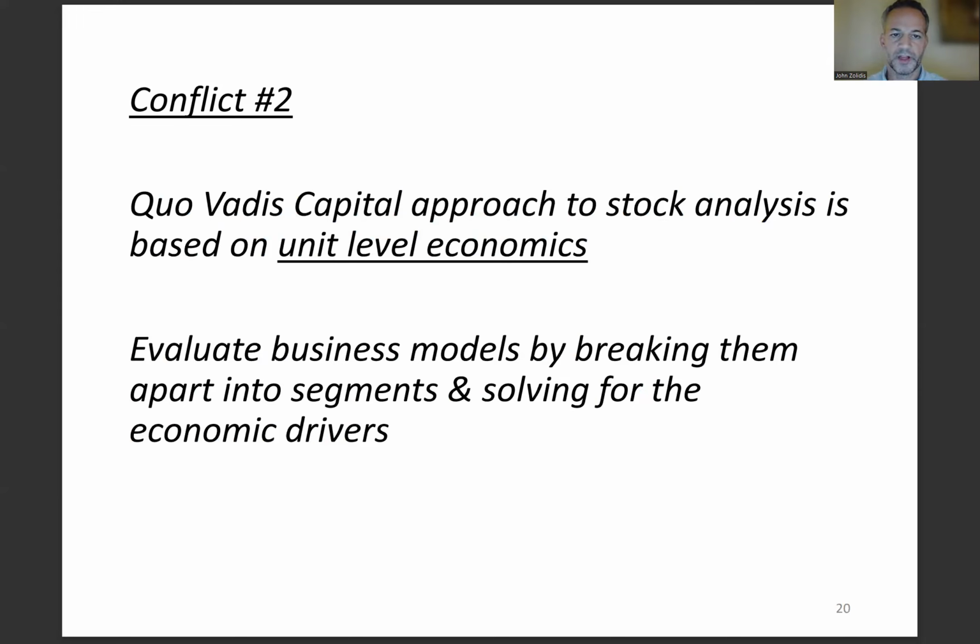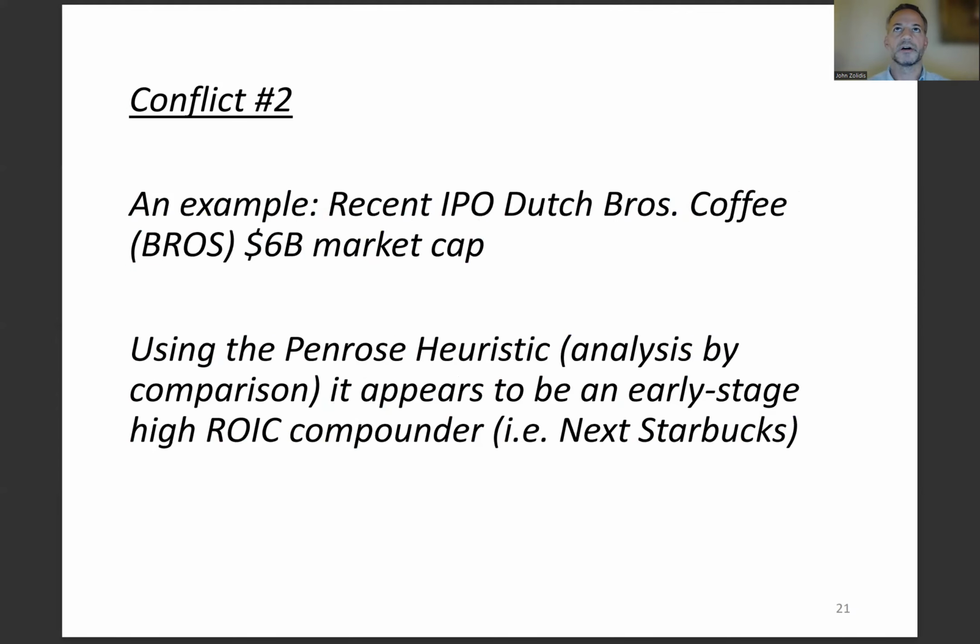Our approach that we developed at Covatus Capital is to look at businesses from a unit level economic perspective. We talked about that a little bit in the first conflict, but essentially we try to find the real economic drivers, and in so doing, we avoid comparing them very simply to businesses to which they're similar. So the example we're going to use for this one is a company that recently went public.